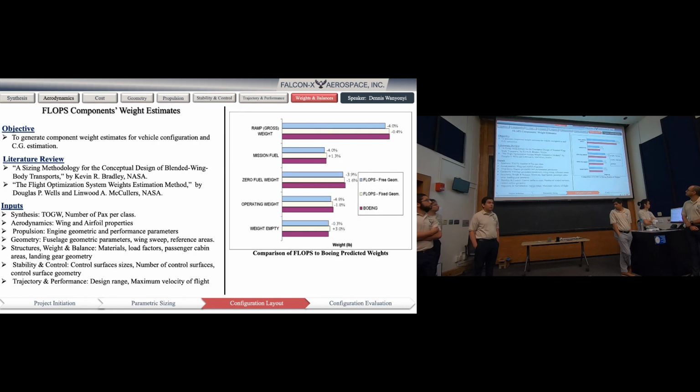Next slide. Another goal of the weights and balance team in the configuration layer is to determine the component weights. And in this, we mainly apply the FLOPS method for hybrid wing body, in which we apply different inputs from the different disciplines, but the main ones being type of gross weight and the number of passengers, as well as the surface sizes, for example, for the control surfaces, as well as range and maximum velocity of flight.